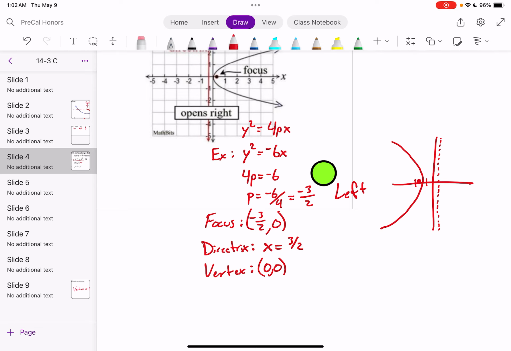And it would generally look just like that. Let's go ahead and take a look at slide 5.